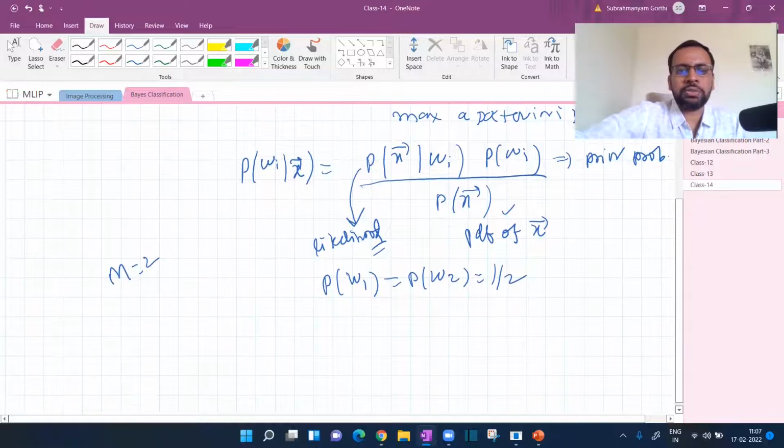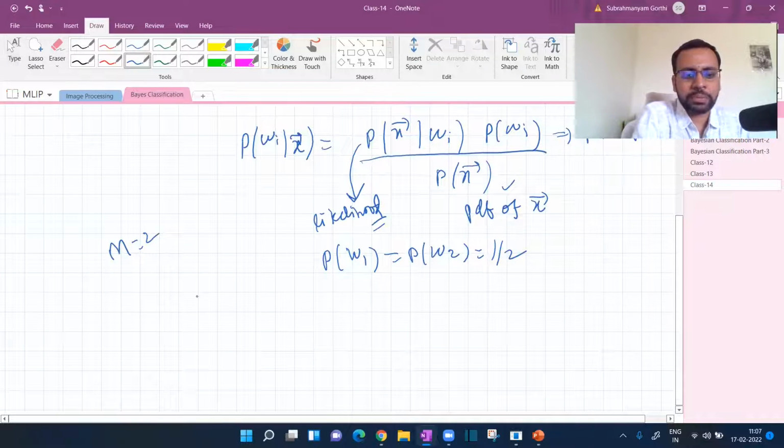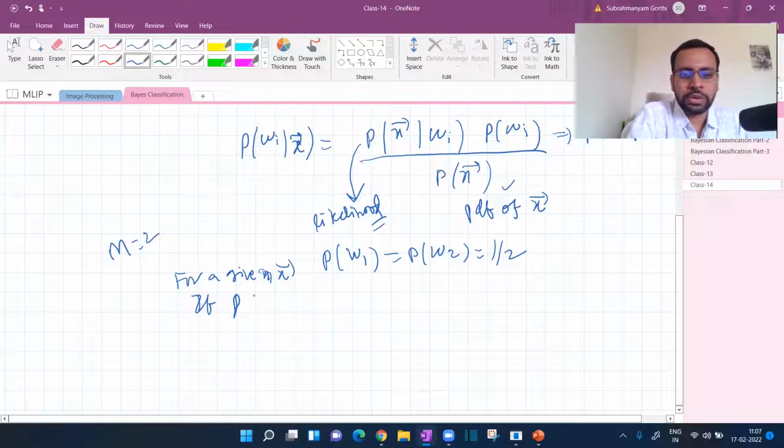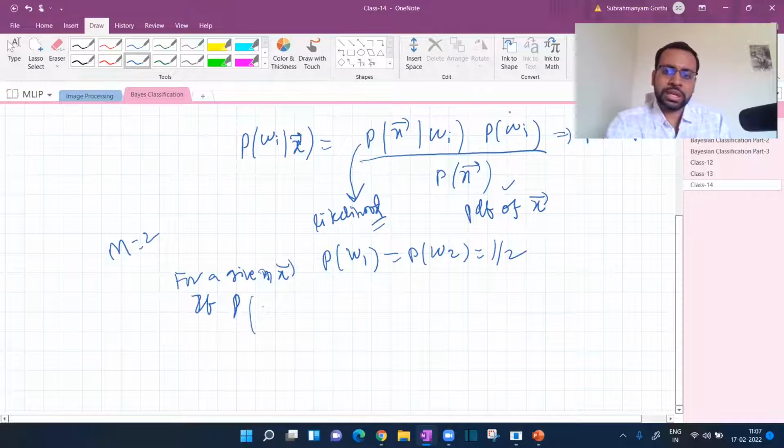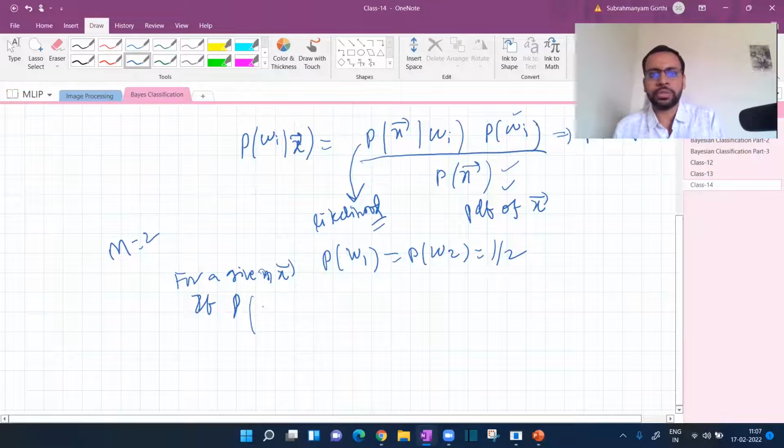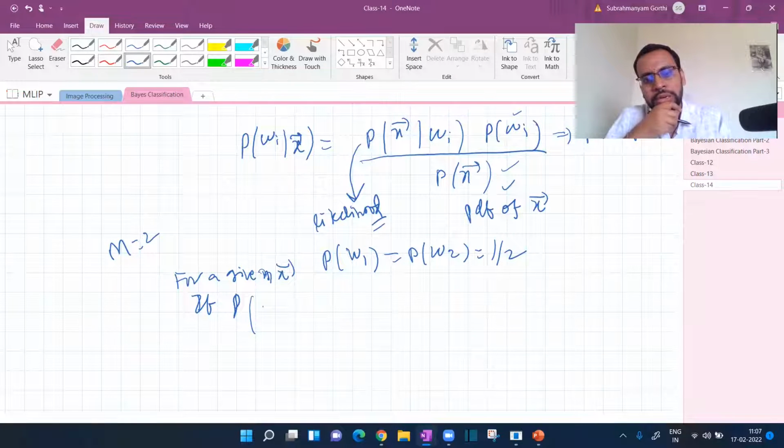Then for both classes the priors are fixed, so the likelihood directly relates to the a posteriori probabilities.